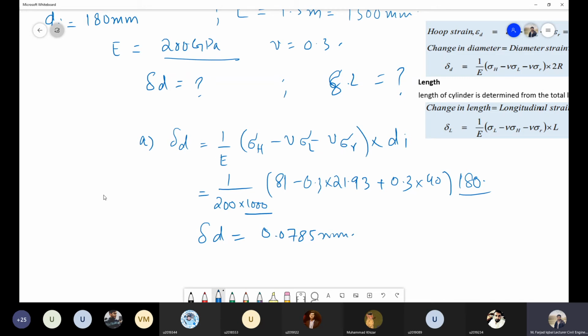So this is about change in internal diameter, and in this question the internal diameter is 180 mm. So this obviously is the change in internal diameter.